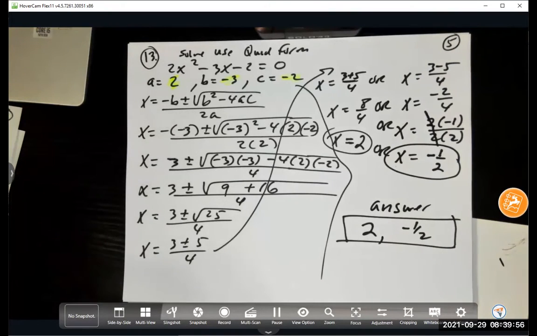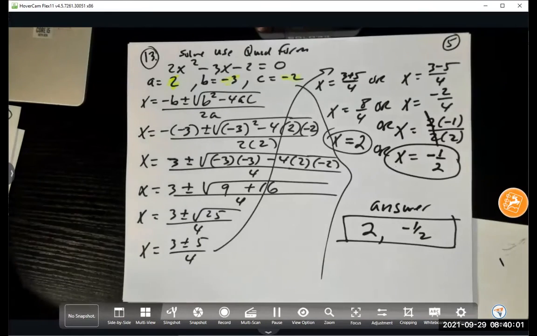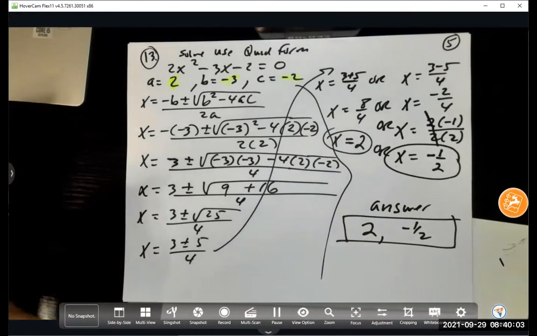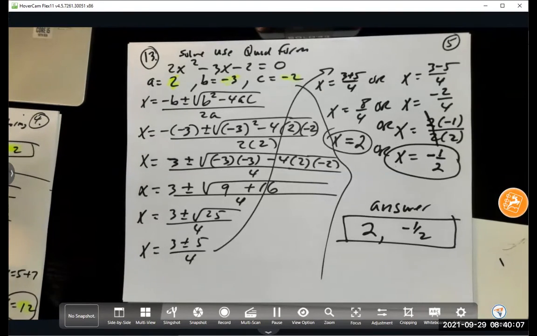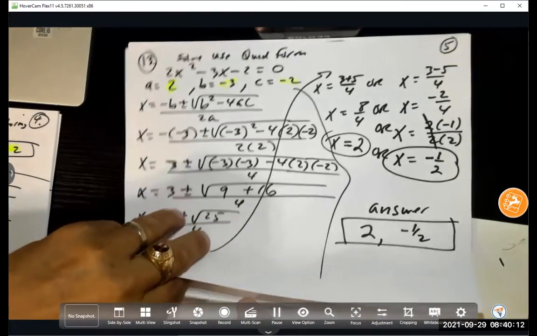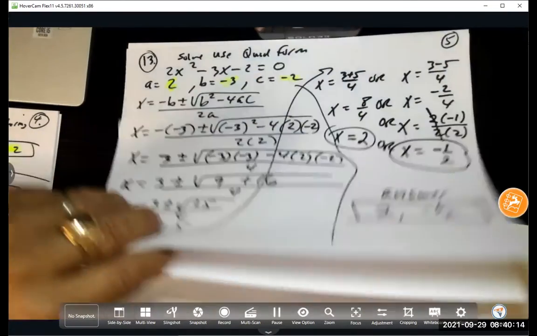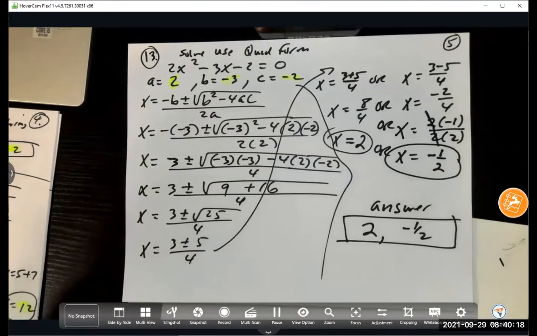Okay, now I'm going to do one more, and it's going to be a little bit different from this one. So now I'm going to do number 14. I'm doing number 14.